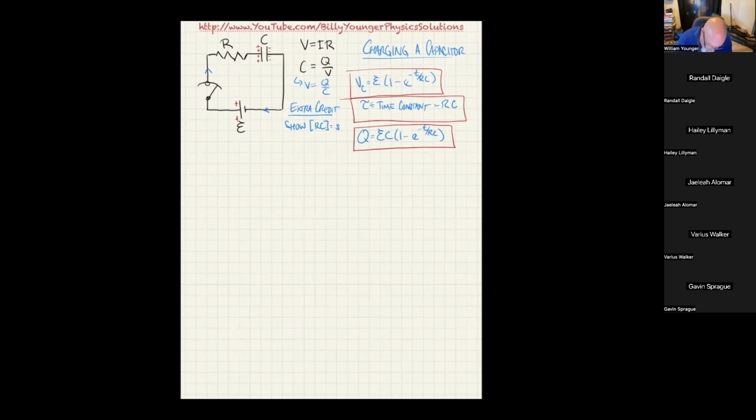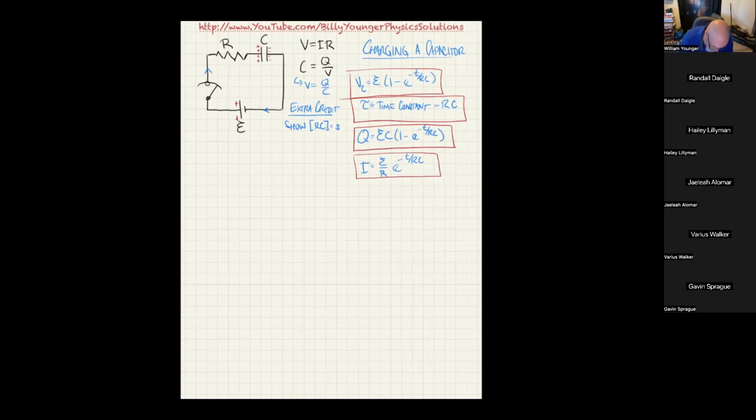And because of that, we get an equation for the actual current that is I is equal to... Now, if the battery was just running a current through a resistor R, then the current would be V over R. So this is going to be E over R, and then that E over R will be multiplied by e to the negative t over RC. So that's what the equations for charging a capacitor are.